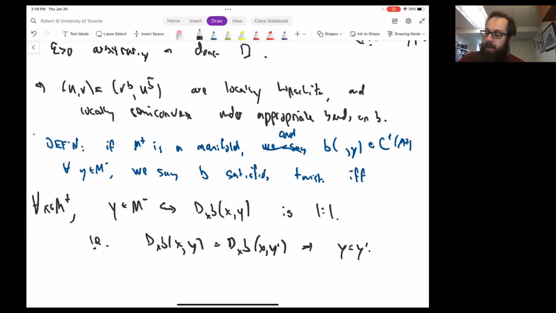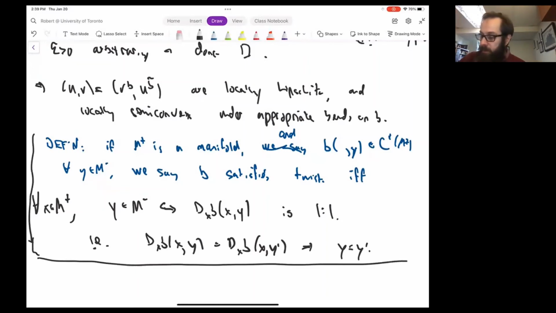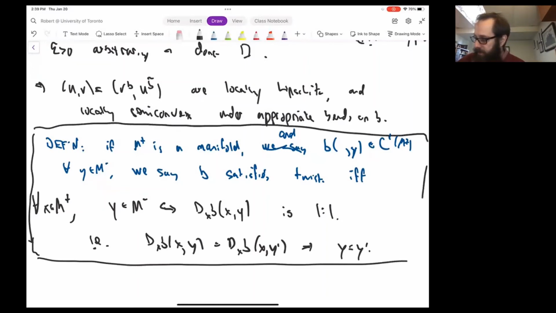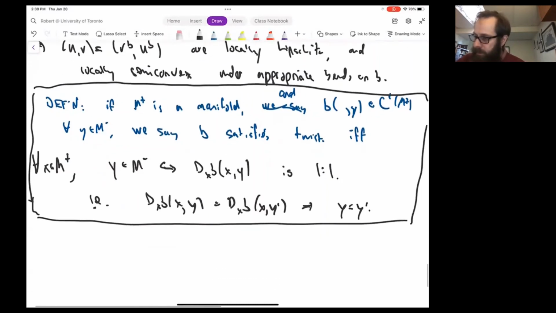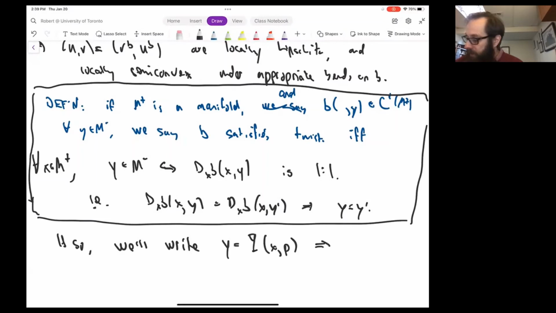So this is exactly what we need if we go back to that first order condition. If so, we'll write little y equals capital Y of x, p if and only if d_x B(x,y) equals p.